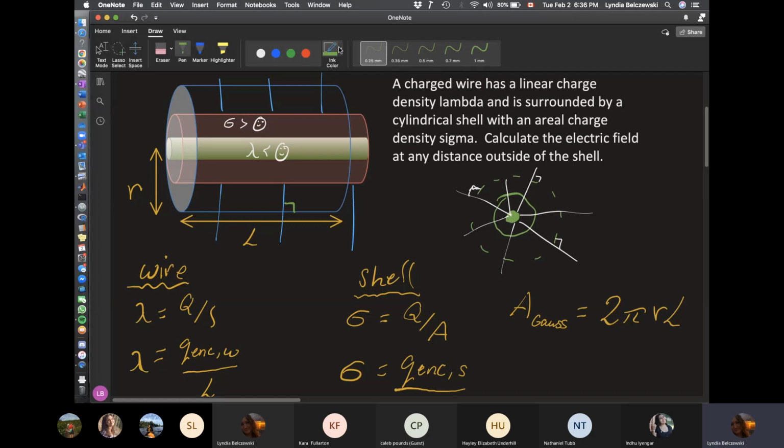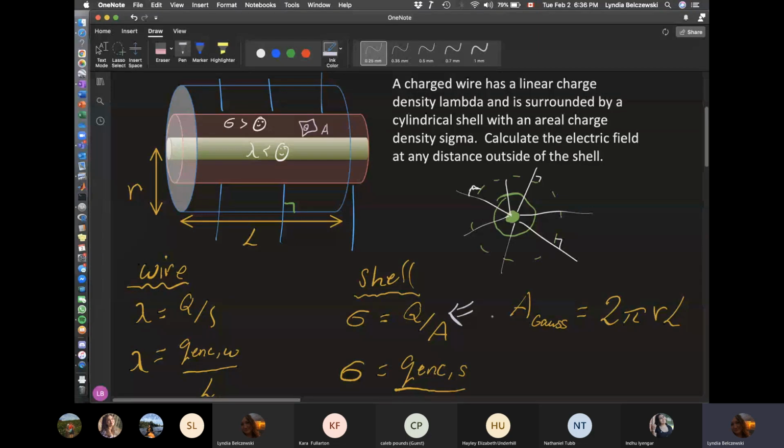This equation here, where I have just a random Q divided by a random A, you could look at that and say that it's some amount of charge on, maybe, this segment of the surface. It has a certain charge Q and an area A. I did not leave myself enough space to write. Looking at any piece of the area of this cylindrical shell.